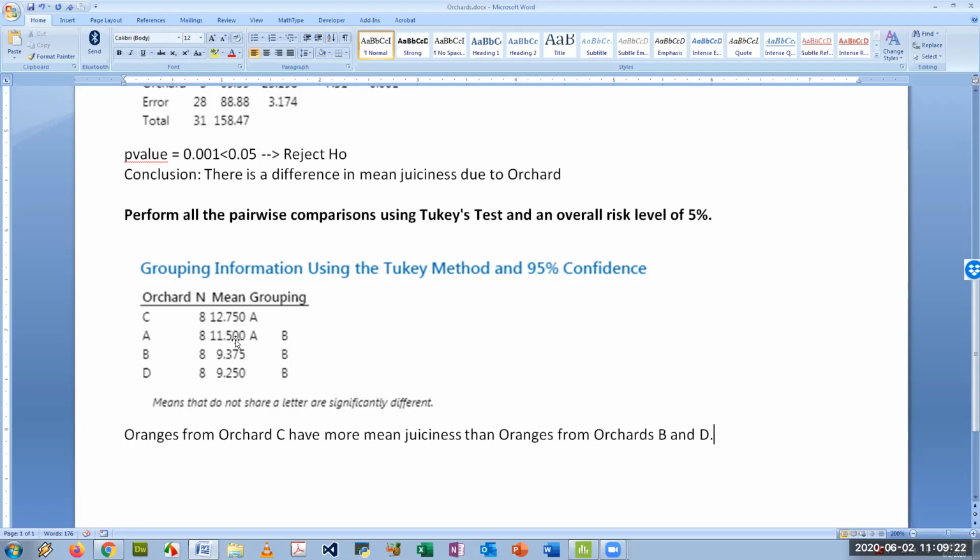But A isn't different from anybody because A is in everybody's group. So then we would also say there are no other significant differences. So all the other pairs we can't say are significantly different from each other. And that is how you run ANOVA in Minitab.